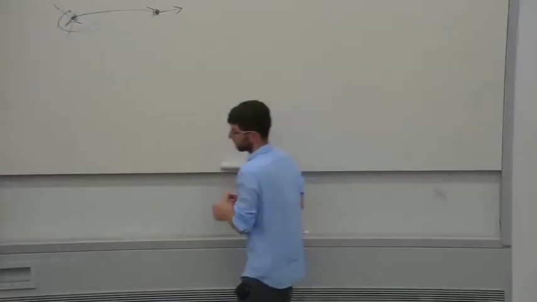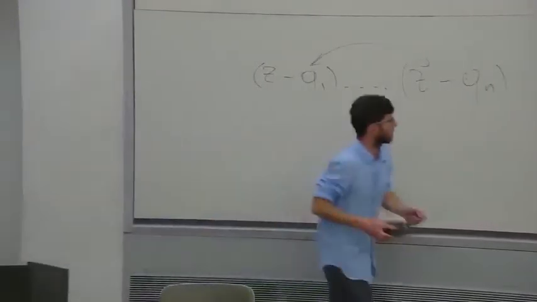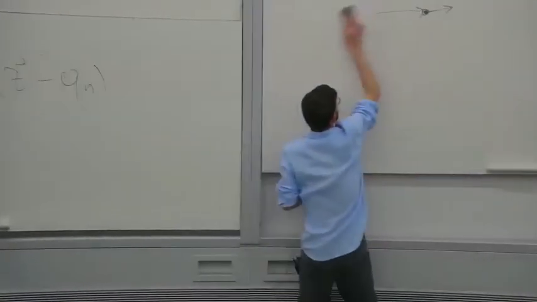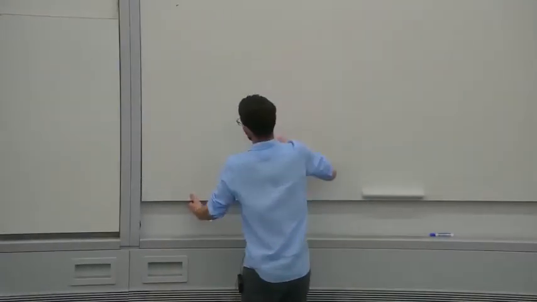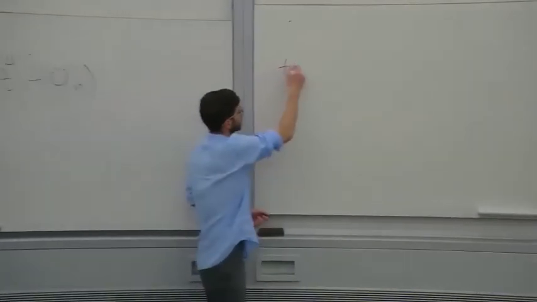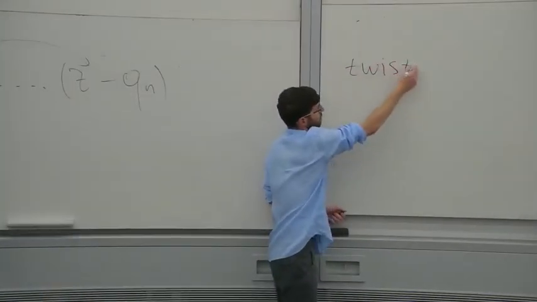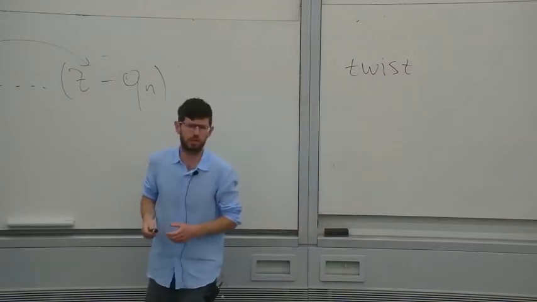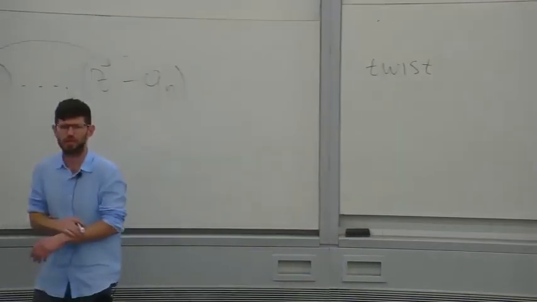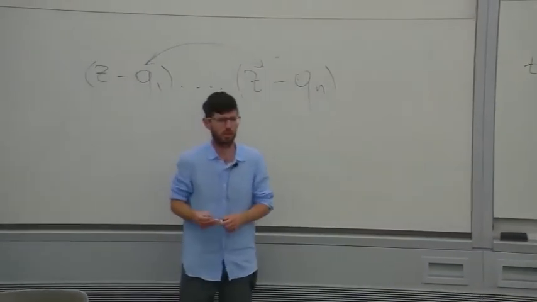To find such a sequence of mutations that recovers the quiver, I'm going to use a construction called the twist of a quiver, which was introduced by Pylyavskyy and Galashin a few years ago.